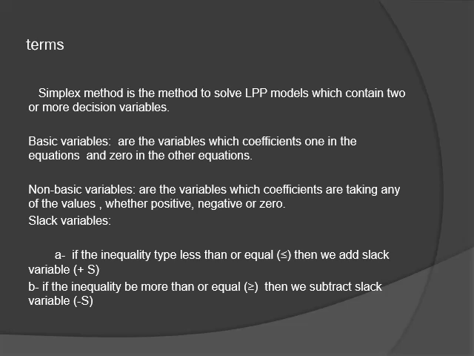The transformation with adding or subtracting S is known as a standard form. Standard form means to add S, to add slack variable, or to subtract slack variable negative S.